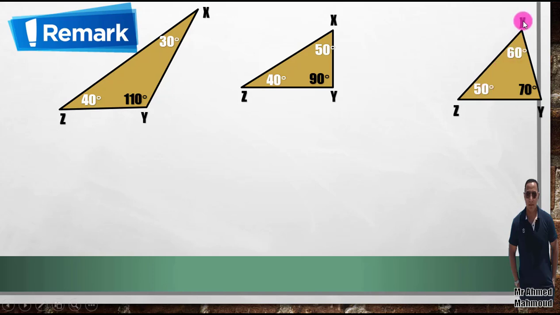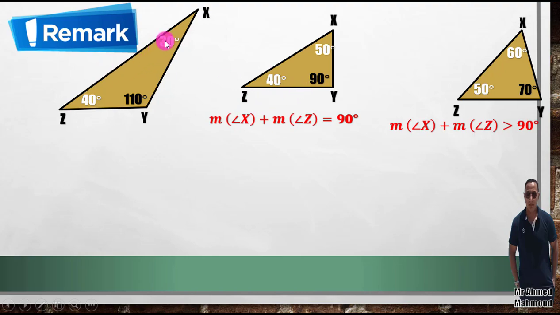So the sum of X and Z is greater than 90. And here X plus Z, 50 plus 40 equals 90. And here X plus Z, 30 plus 40, is smaller than 90. What I need to say is that if the sum of two angles is greater than 90, we get an acute angled triangle.